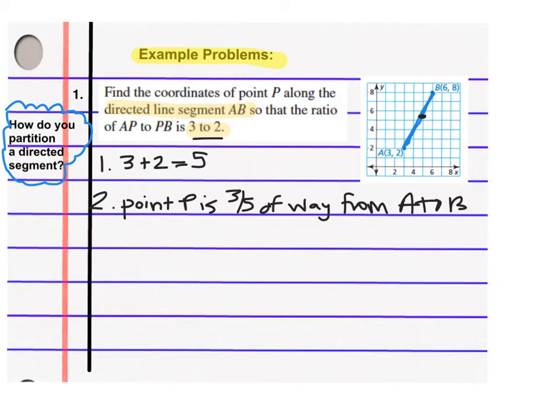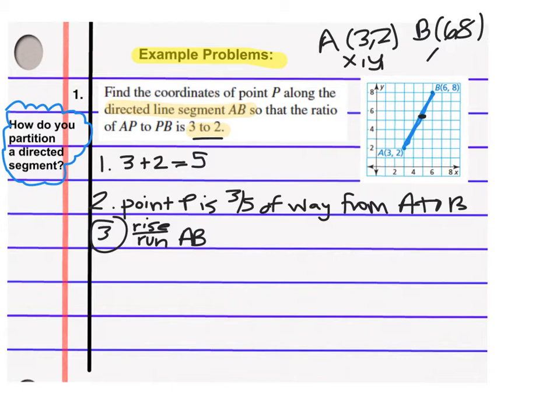All right, so how are we going to do this? The first mathematical step is to find the rise and the run, my slope, of A to B. A is (3, 2), that's x1, y1. B is (6, 8), x2, y2. My slope formula from the last slide is y2 minus y1 over x2 minus x1.